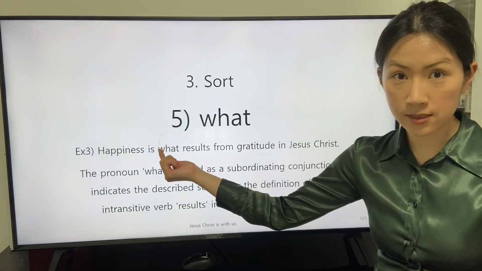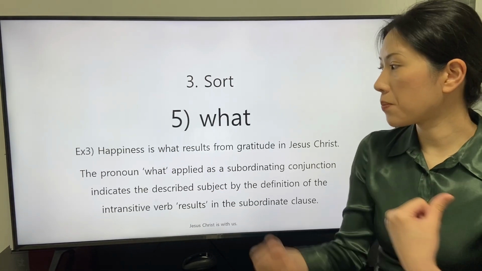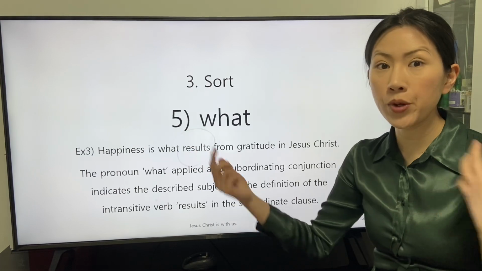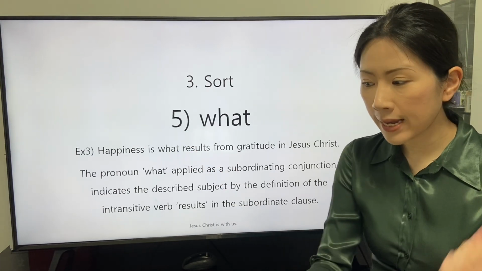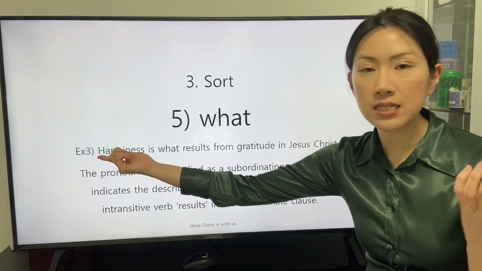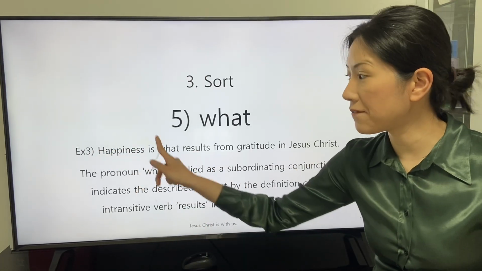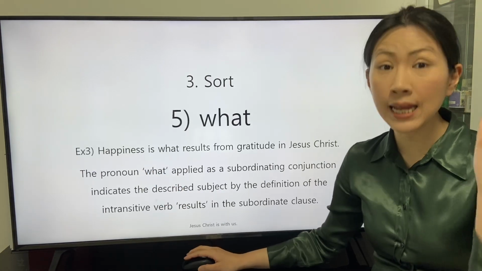The subject of the subordinate clause is described by the intransitive results, and the described subject defines the subject in the sentence because of the definition of the be verb is.